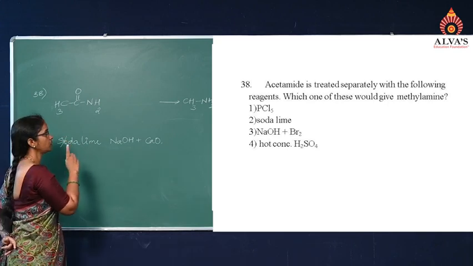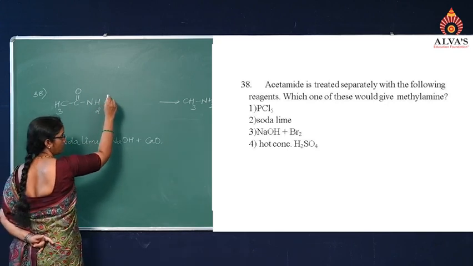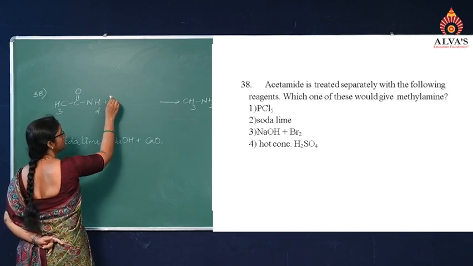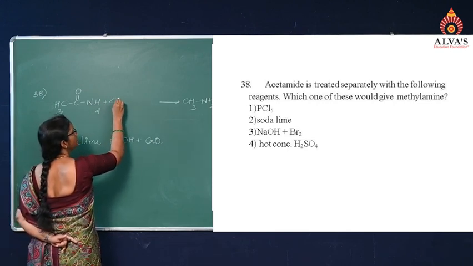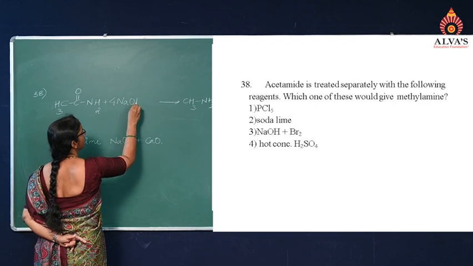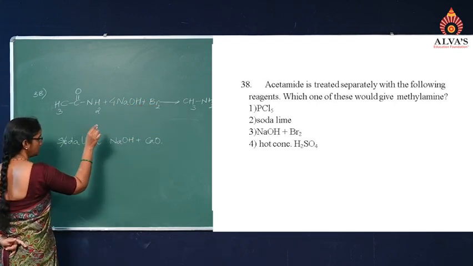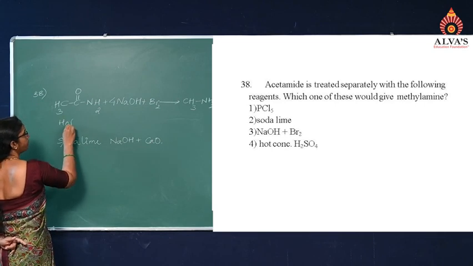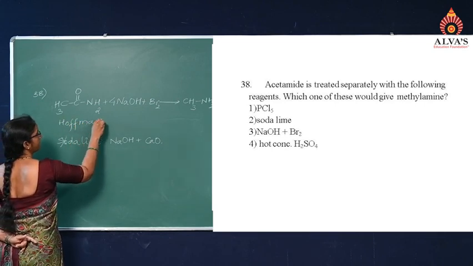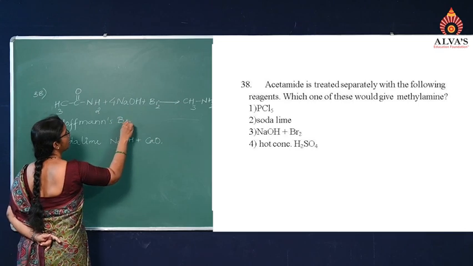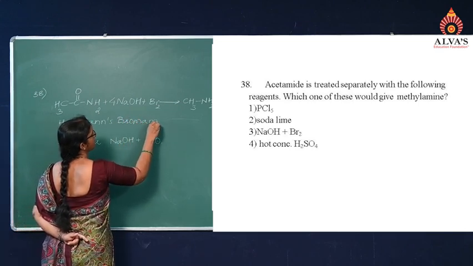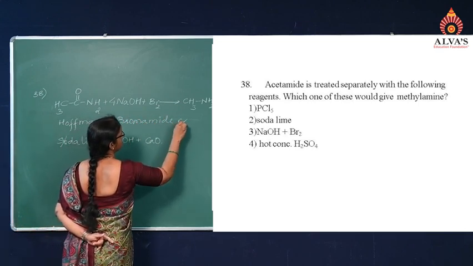So I'm left with only one option, that is NaOH and bromine, and our knowledge of amines tells us that use of NaOH and bromine is a method for preparation of primary amines under the name Hoffmann bromamide reaction.